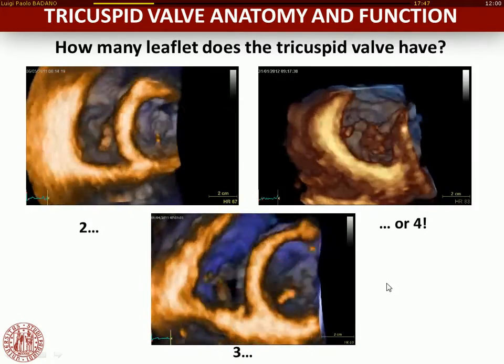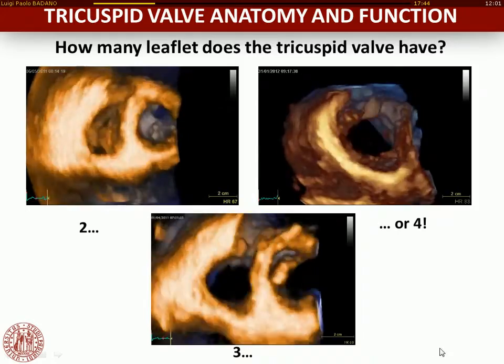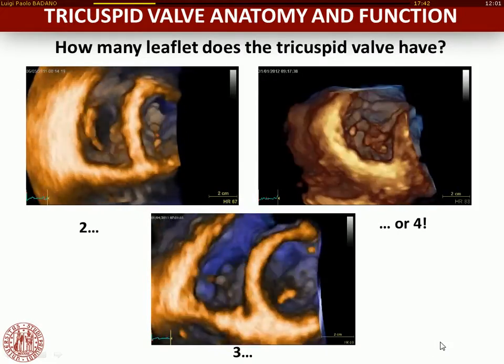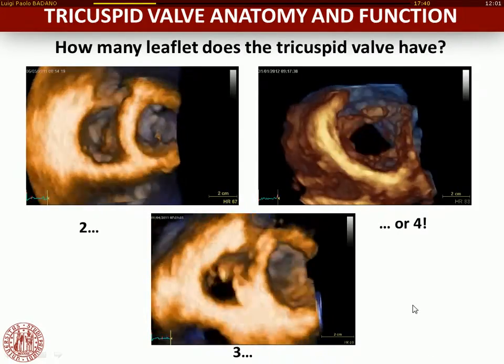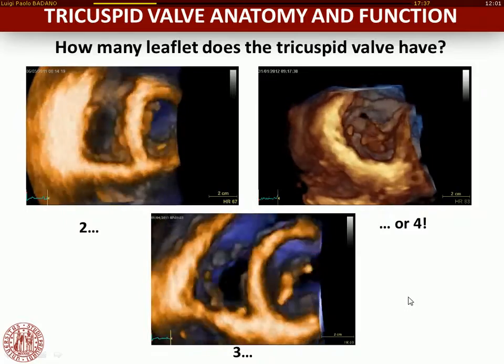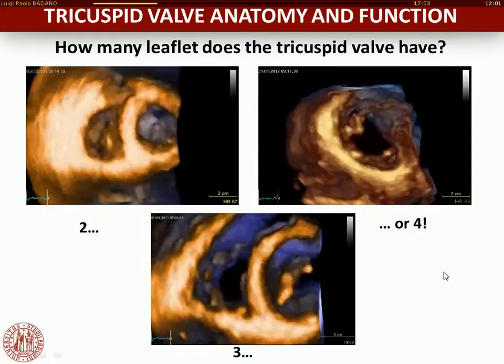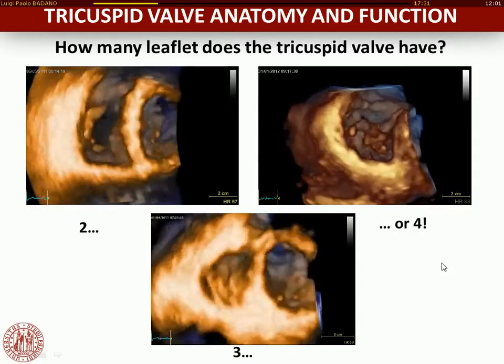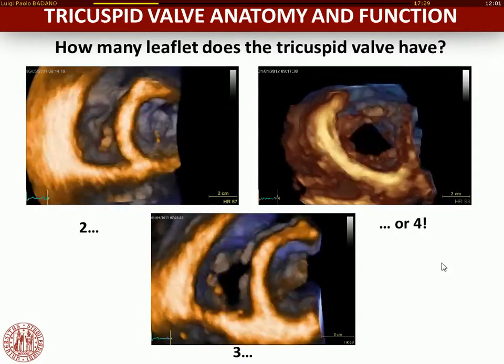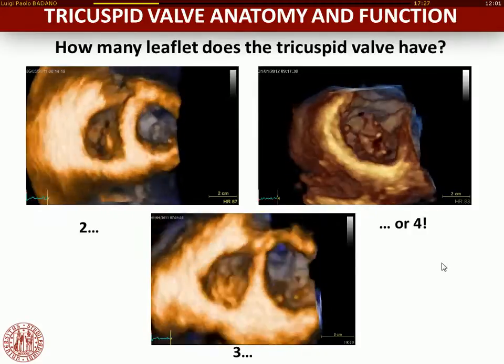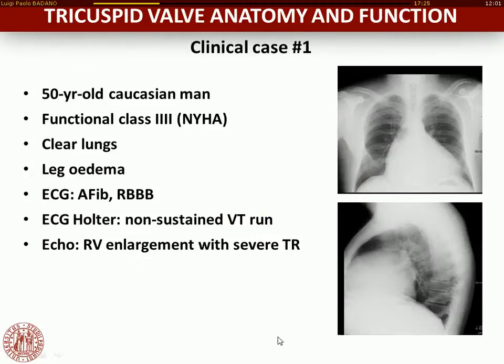But luckily, in the majority of cases, there are three, and so we can continue to call it the tricuspid valve. Professor Lang showed me a paper by an Indian anatomist who was able to find a tricuspid valve with six leaflets, so it's quite a variable anatomy. Is it important from the clinical perspective? Yes.